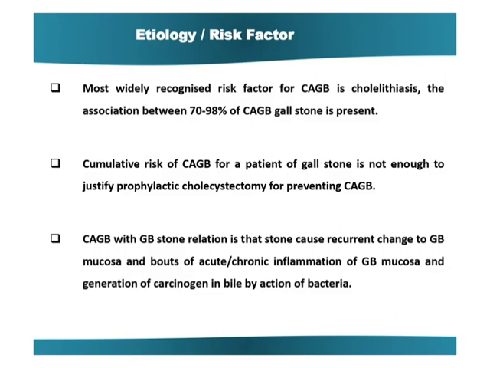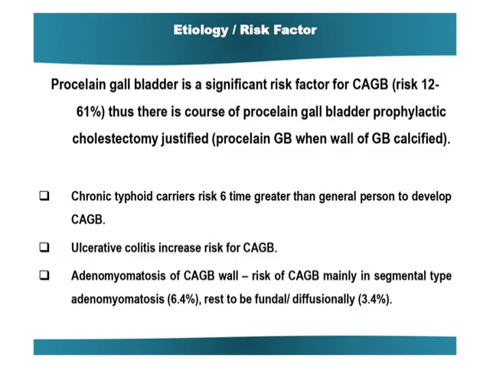The porcelain gallbladder is a risk factor for carcinoma gallbladder, almost 12 to 61%, and thus prophylactic cholecystectomy is justified in porcelain gallbladder. In a porcelain gallbladder, on palpation the wall of the gallbladder is calcified and thick.